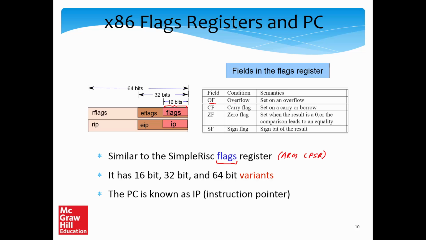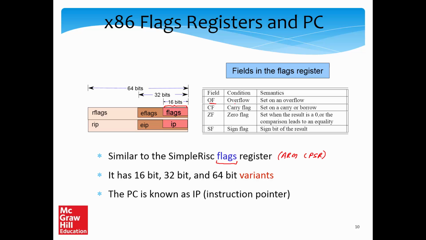So the overflow flag is set on an overflow, and this can be read from the flags register. Similarly, we have the CF, or carry flag, which is set on a carry or borrow. Let's assume I'm doing an addition or a subtraction. The carry flag CF is set if the addition results in a carry or the subtraction results in a borrow.